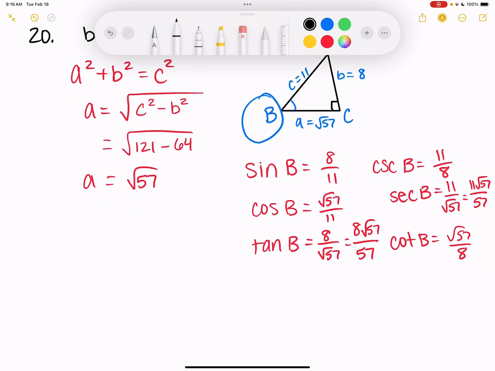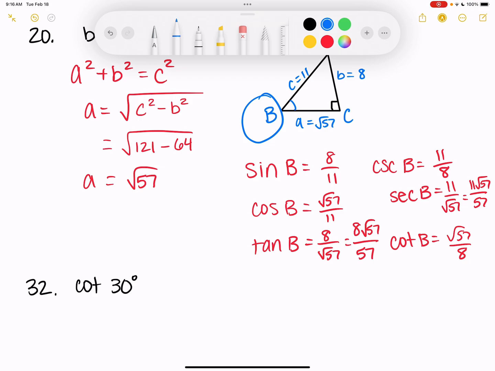Let's see, 32. Jumping these ones, I just want you to use your unit circle to answer these. So 32 is the cotangent of 30 degrees. So we go to 30 degrees, and the tangent is root 3 over 3.